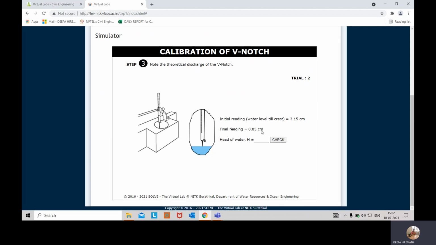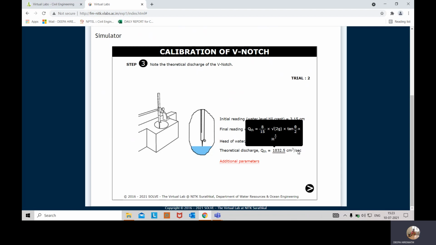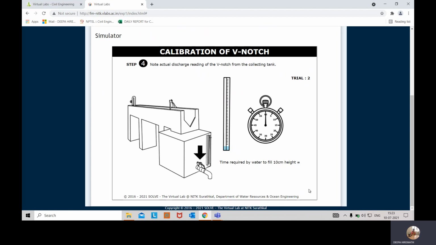Then the final reading will be noted down as 8.85 minus 3.15, which is nothing but 5.7. Next I'll calculate the Q theoretical value using the equation 8/15 into root 2g tan(theta/2) into h raised to 5/2, which gives a Q theoretical of 1832.5 centimeter cube per second.